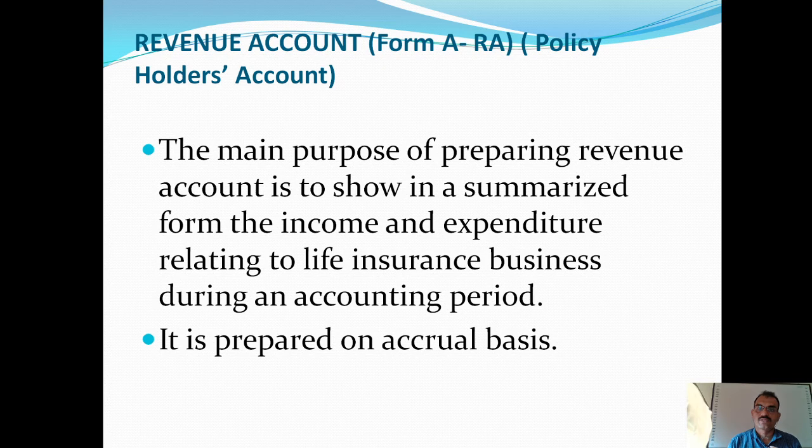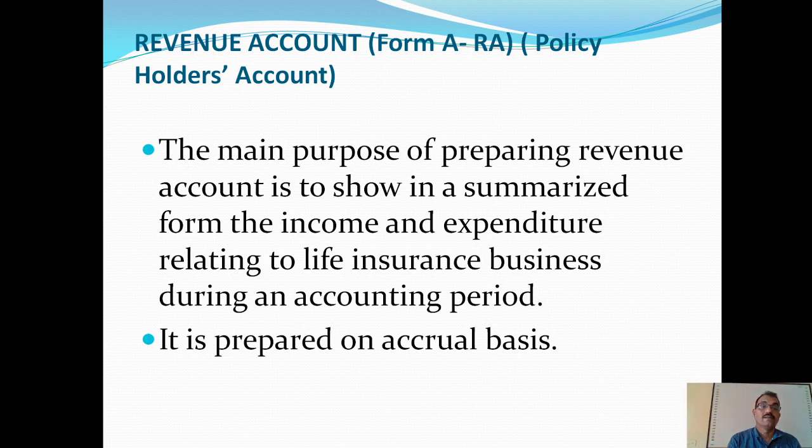The main purpose of preparing the revenue account is to show, in summarized form, the income and expenditure relating to life insurance business during an accounting period. This account is prepared on accrual basis.